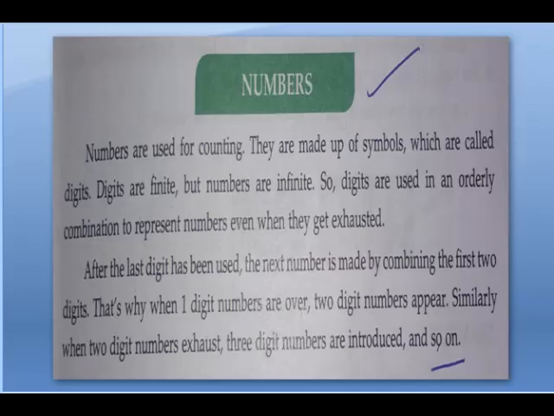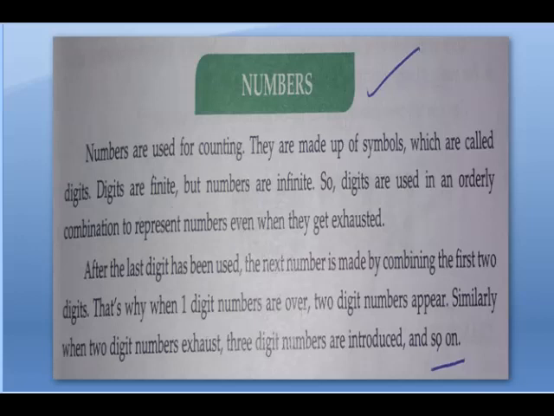Now students, we are going to see what are called numbers and what is the use of these numbers. Generally we are using numbers for counting. They are made up of symbols which are called digits.